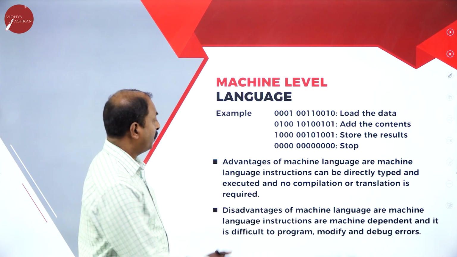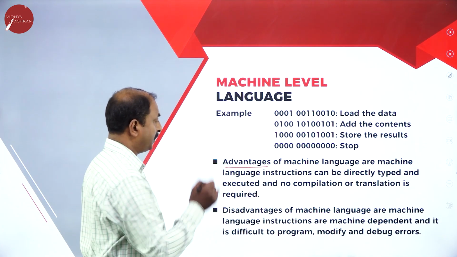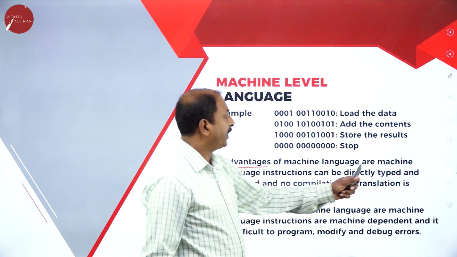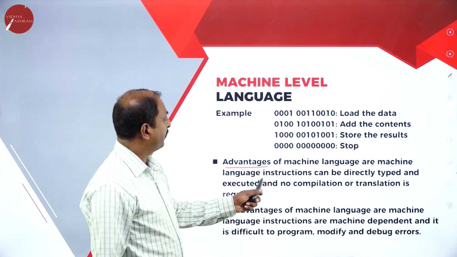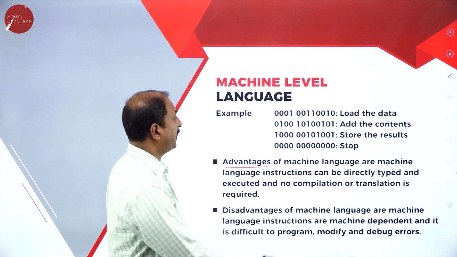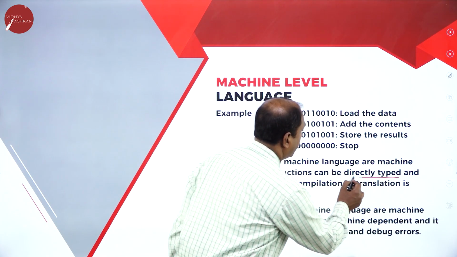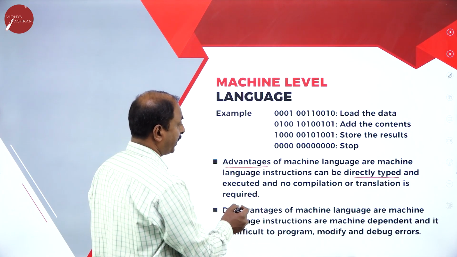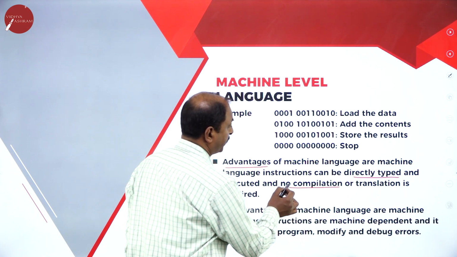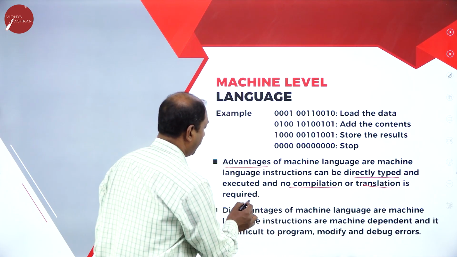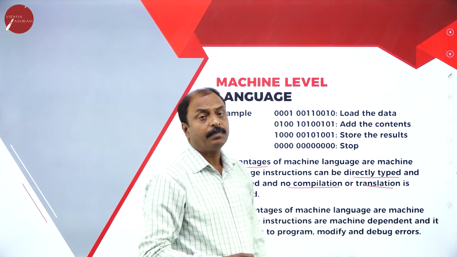Now let us see the advantages. The advantages of machine level language are that instructions can be directly typed and executed, and no compilation or translation is required. This is a major advantage.